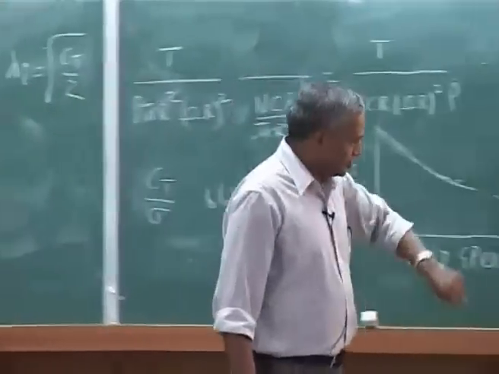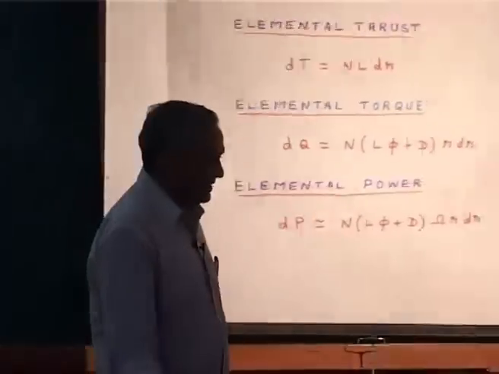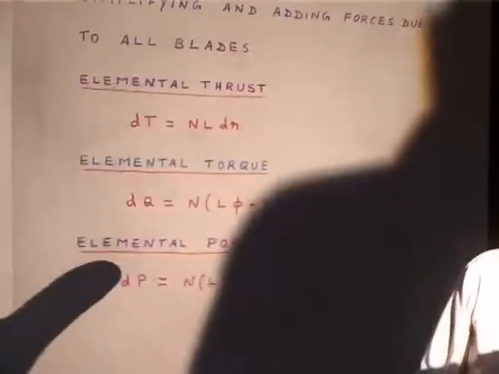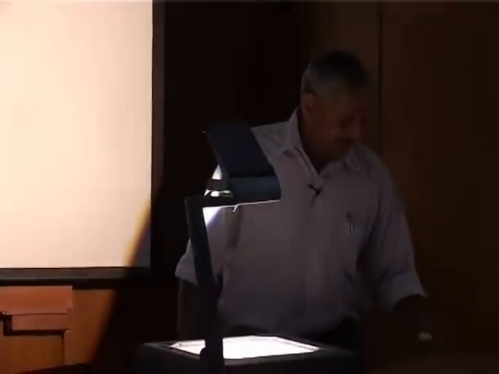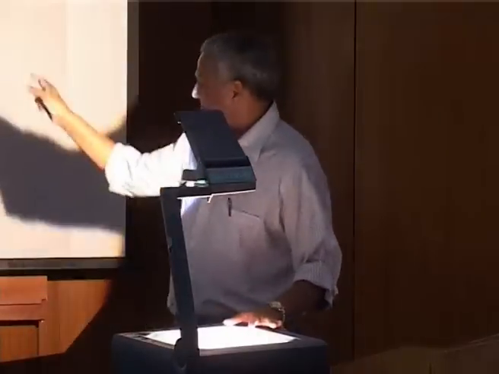Now let us go to the next factor, which is basically the torque part, and I will also give you a little bit of this twist. Before I go to the torque part, I will give the twist just directly from here.